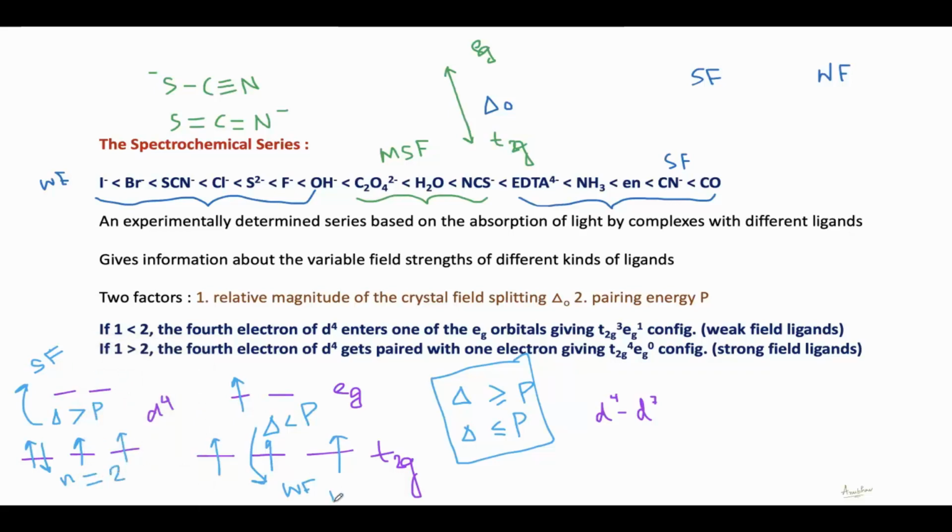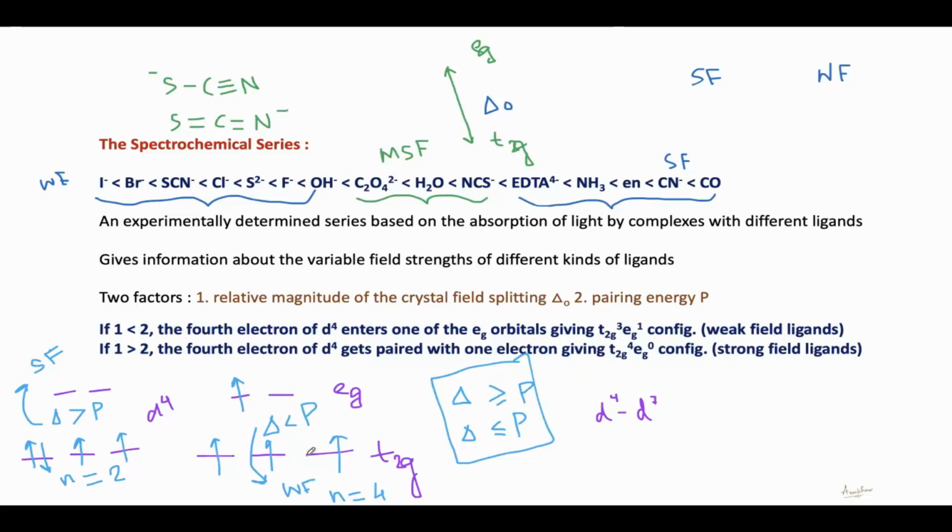The number of unpaired electrons in the other case is 4. So this one is the high spin scenario, and this one is the low spin scenario. The strong field ligands will mainly produce low spin complexes, and the weak field ligands will mainly tend towards forming high spin complexes.